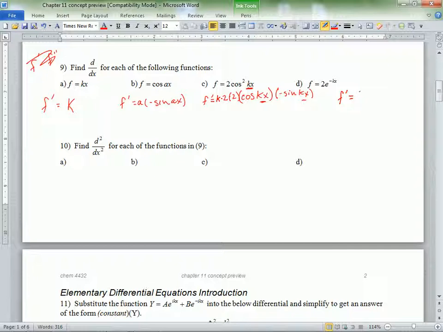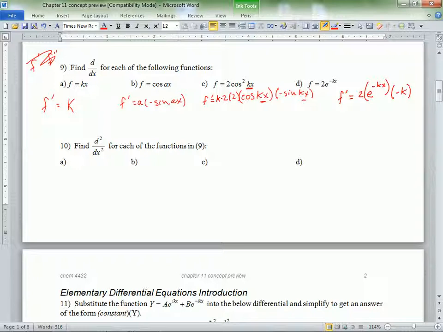So he has his 2, and then he said e to the negative kx, and then times negative k. I guess I should have put that with the 2, but all right. So a negative 2k times e to the negative kx.